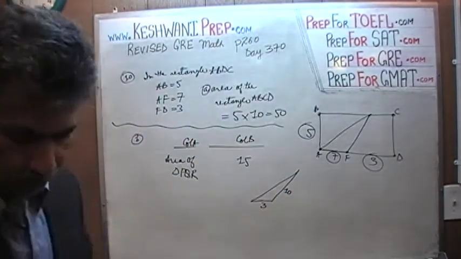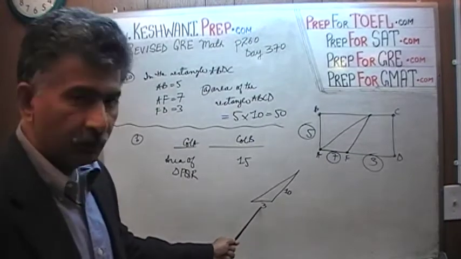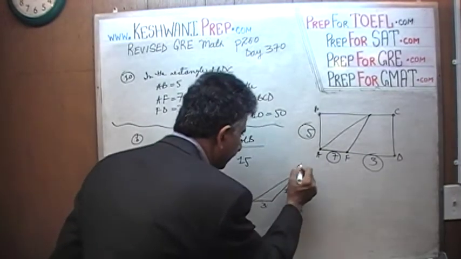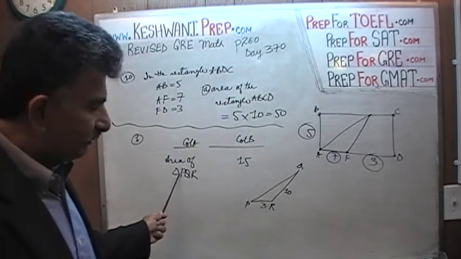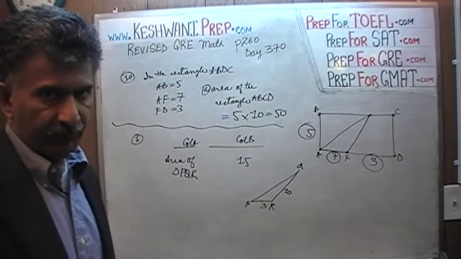This side we are told is 10, this side we are told is 3. And this is the triangle PQR they're talking about, P, Q, and R. And we're being asked to compare the area of this triangle versus 15. What can we do here? Let's find out, shall we?